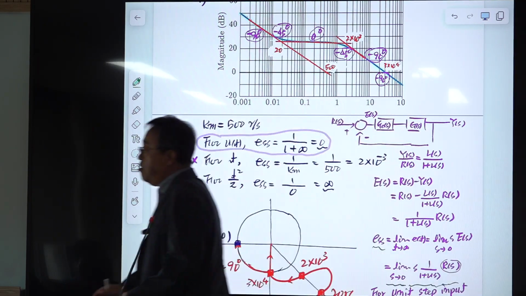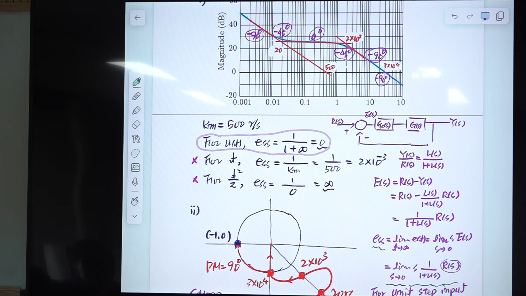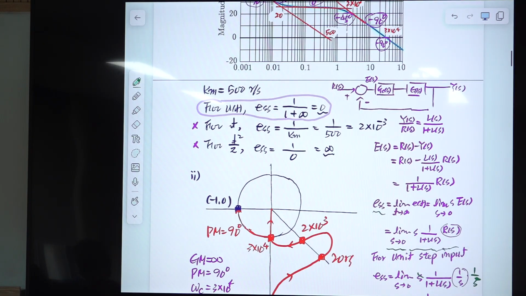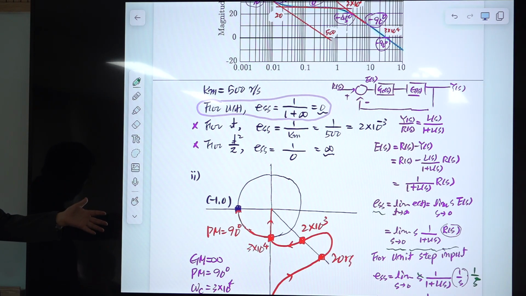And here I said mark the phase margin and the gain margin, something like that. What is the definition of the gain margin? Gain margin is how much gain can be increased while maintaining stability. This system is obviously stable, right? So how much can you increase?